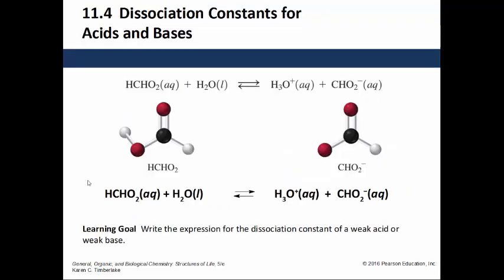All right, now we'll move on to dissociation constants for acids and bases. What you see here are the ball and stick models of the compounds right above it. So this ball and stick model is the same thing as this, HCHO2. And this ball and stick model is the same thing as CHO2 minus.